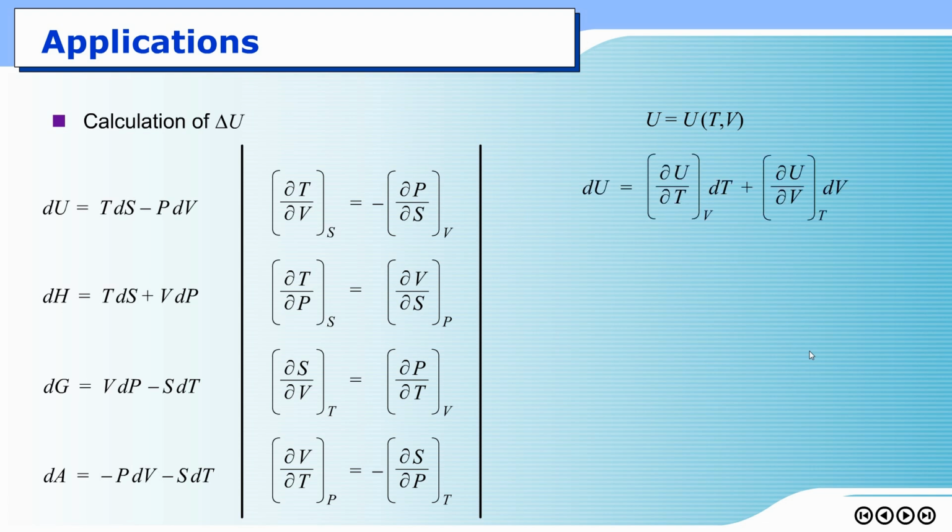From calculus, if you take derivative of dU, then on the right hand side you can write it as a differentiation of two terms combined, one with respect to dT and one with respect to dV. Okay, this is just basic calculus.